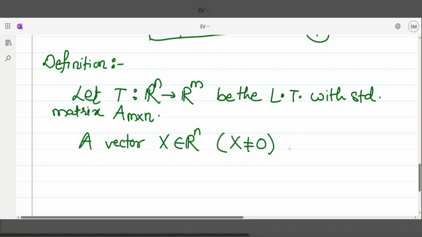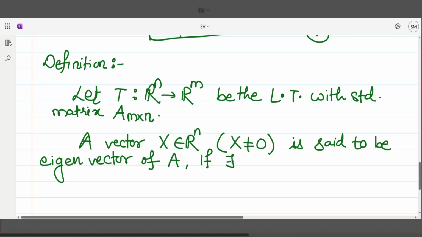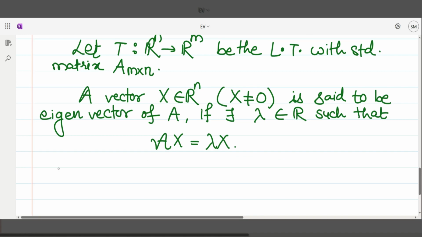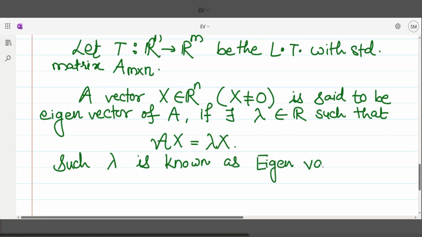A non-zero vector x belongs to Rn is said to be an eigenvector of A if there exists lambda belongs to R such that A x is equal to lambda x, and such a lambda is known as an eigenvalue of A.